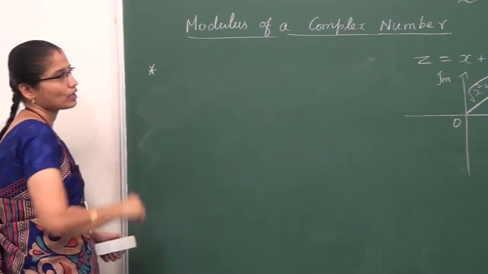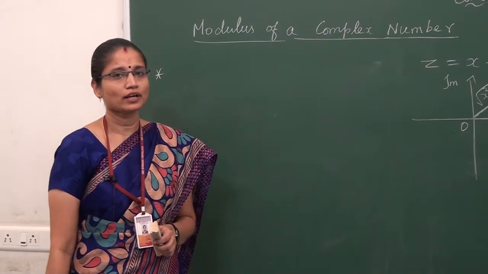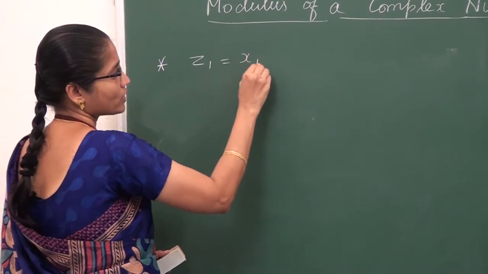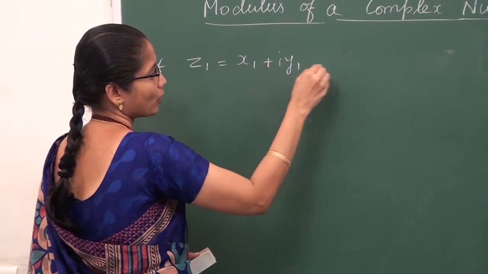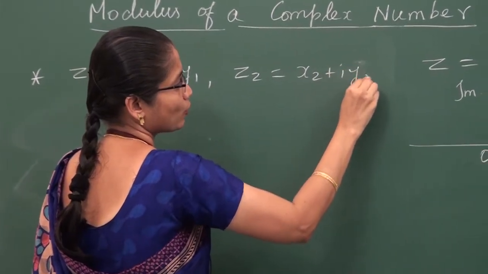Now we are going to see how to find the distance between two complex numbers z1 and z2. Let us consider two complex numbers, z1 equal to x1 plus iy1 and z2 equal to x2 plus iy2.